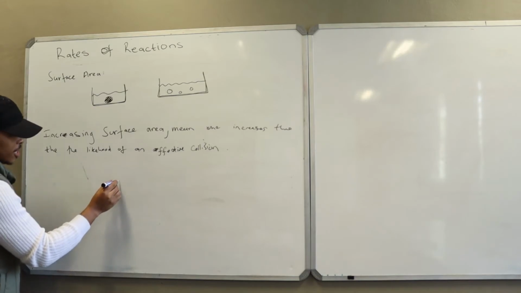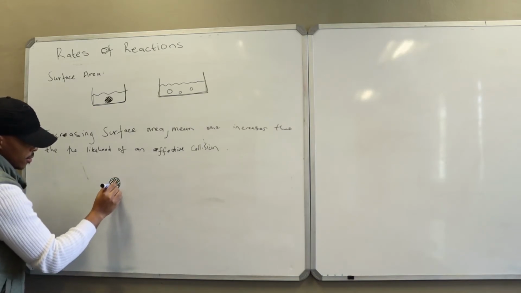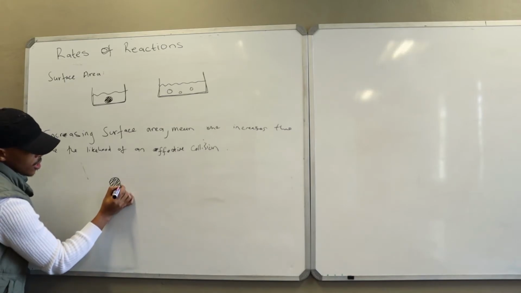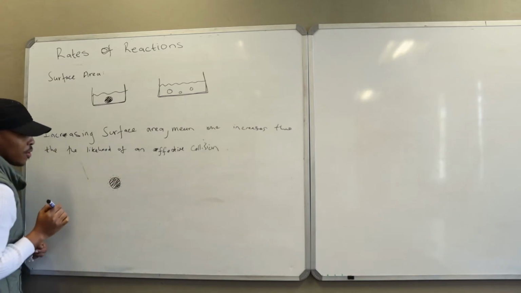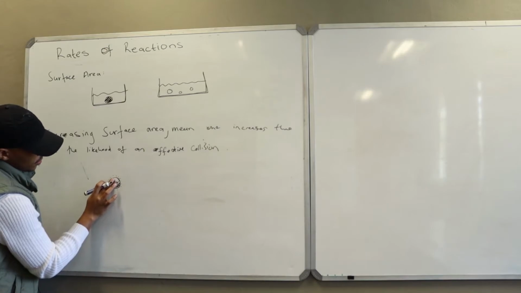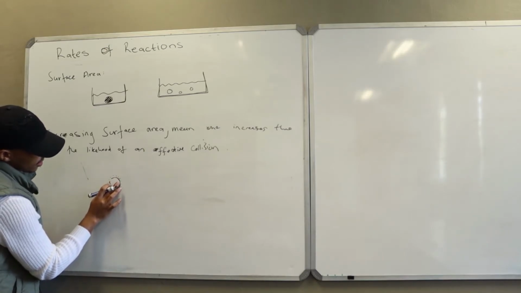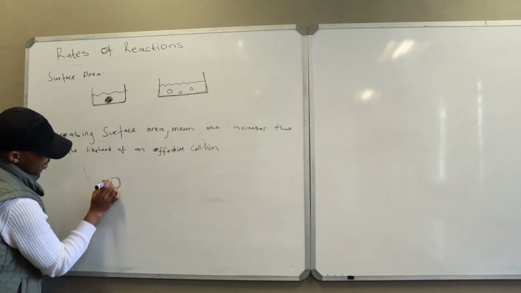It's because initially we had a solid, right? So that means the reaction is happening around the surface of the solid, right? Or we can even call it, or we can even do it like this. So it's happening around there, and it's happening on there, right?